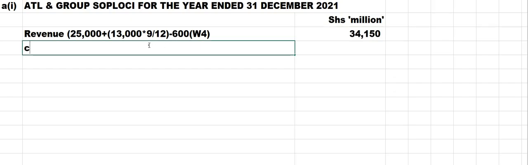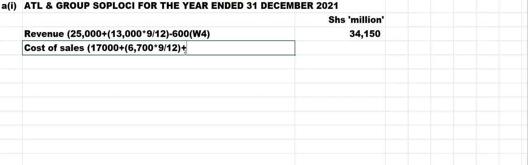Okay, then you move to the cost of sales. The parent is 17,000. Then plus the subsidiary 6.7. I'll add the unrealized profit. 6.7, but times 9, don't forget time apportion, times 9 out of 12.